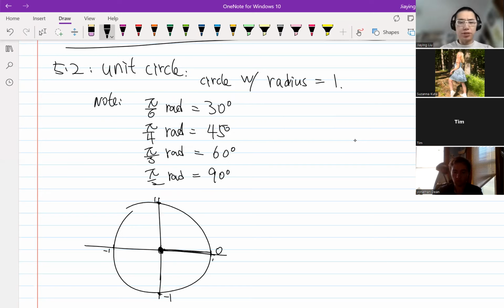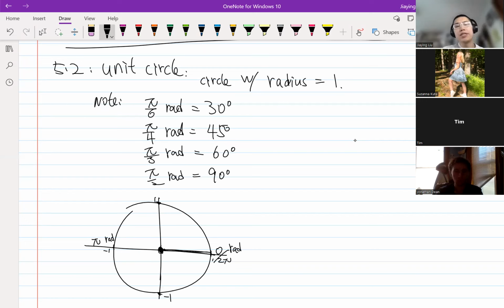Doesn't go anywhere. So that's 0 radians. And if I cross to the other side, I end up with pi radians. And if I pass pi and come back to 0, I get 2 pi. So 0, 2 pi, 4 pi, multiples of 2 pi are always going to end up in the same place.